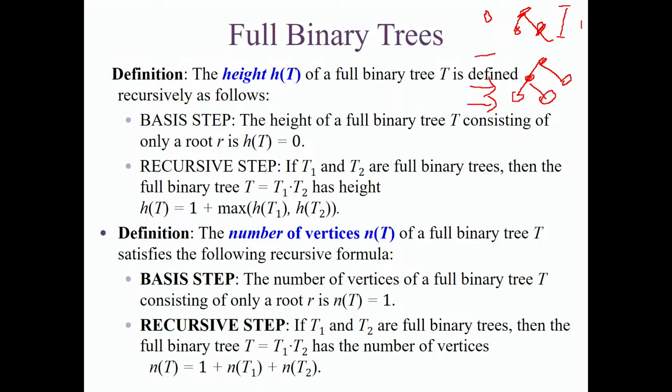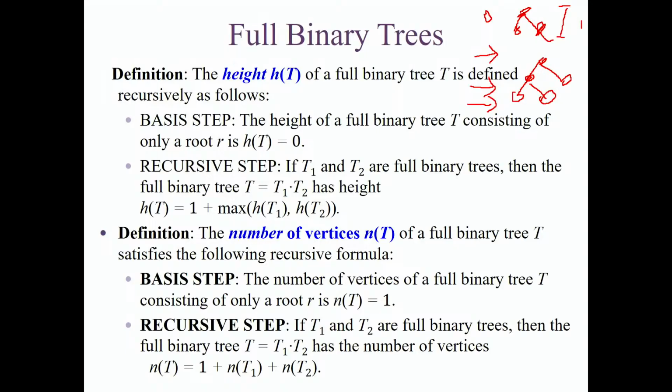This is height 0. So for this case, we can define the height of the full binary tree to be height 2. Okay, so it's easy to calculate the height of the tree directly. However, we can also calculate the height of the tree using the recursive definitions following the basic step and recursive step.